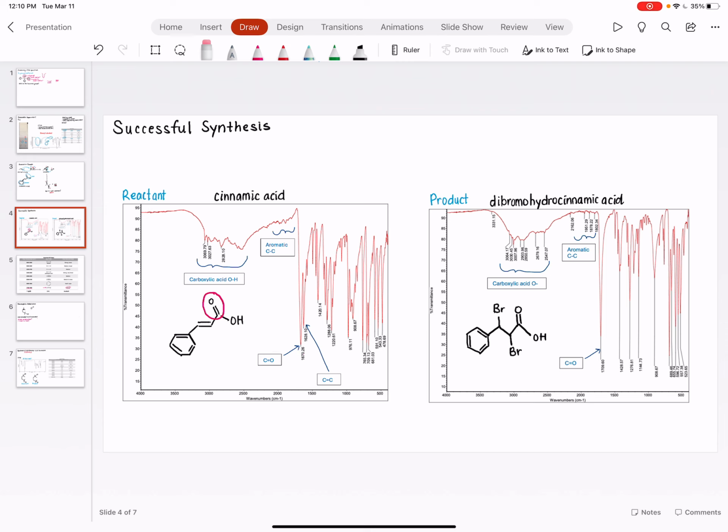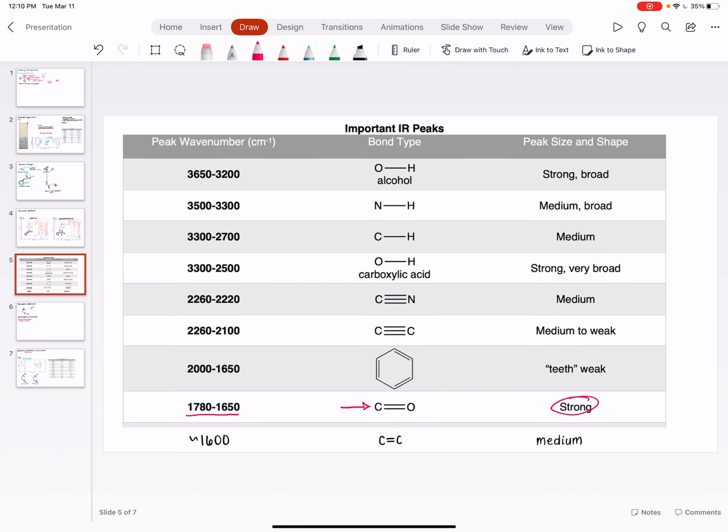The last one I want to talk about here is that carbon-carbon double bond, or our alkene, that we have in our reactant. There it is. That's what we use for bromination. So we do expect to see that in our reactant. Let's flip over here. I added it in to our table because it wasn't there before, but here's our carbon-carbon double bond, about 1600 roughly.